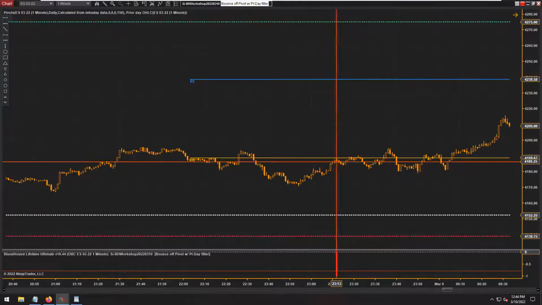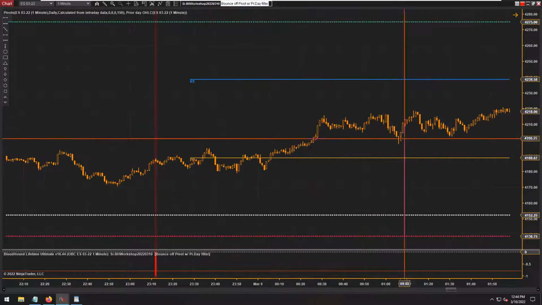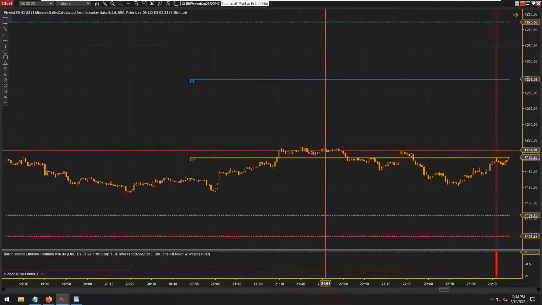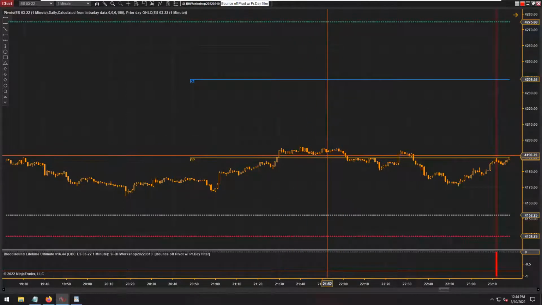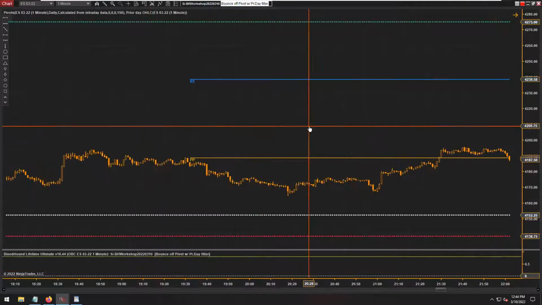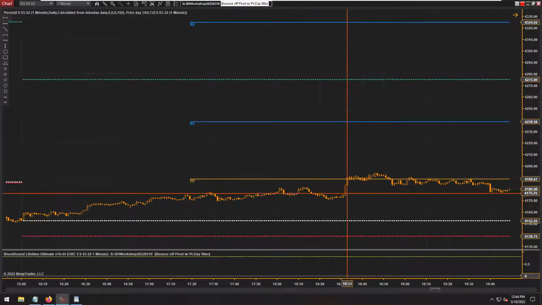There's a short bounce off of the PP line. It doesn't look like we have any long bounces there. Here, it looks like we didn't get enough separation. Well, actually, we just didn't get a bounce. Okay, so no bounce there.